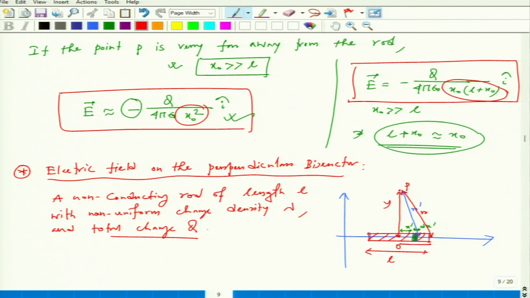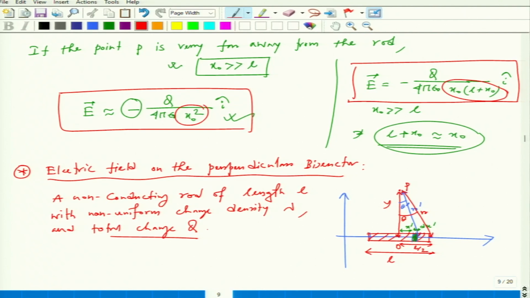This whole distance is L and this distance is L by 2. This makes an angle theta prime, and this one makes an angle theta.